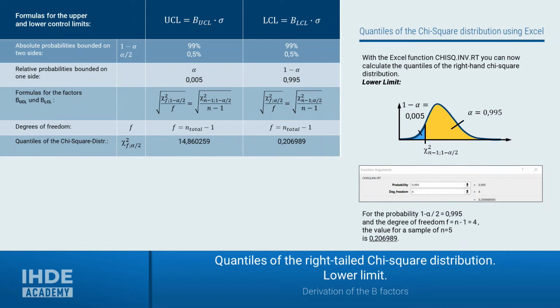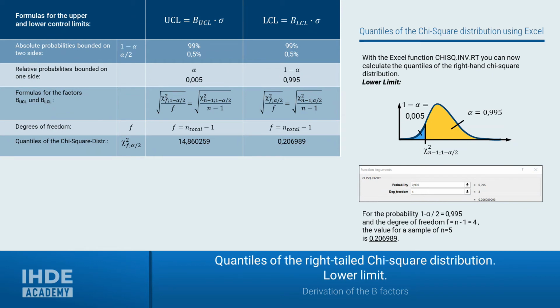For the lower control limit, there is now a small contradiction in the naming of alpha. For the lower limit, alpha becomes 0.995. From the original naming, this would be 1 minus alpha. However, since we are calculating in the system of the right-hand chi-square distribution, alpha must be 0.995.